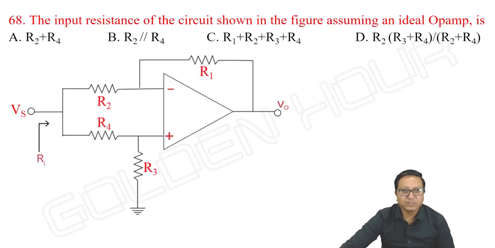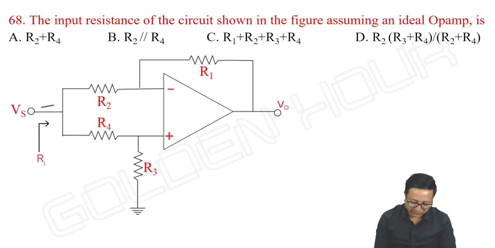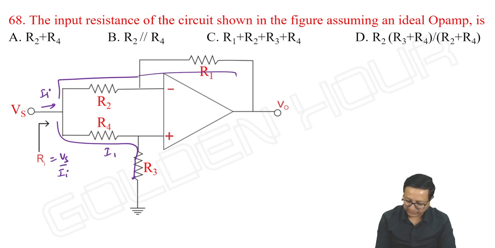Next, see this question. The input resistance of the circuit shown in the figure, assuming ideal op-amp, is. Okay, here also this is Ii. Ri is equal to Vs by Ii. Again, Ii is equal to, let me take two currents. One current goes like this, it is I1, and another current goes like this.